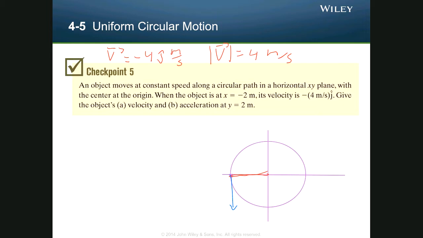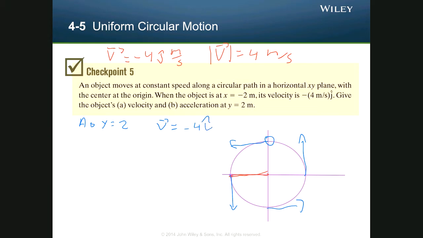But at y equals positive 2, you can't just transport the arrow. If you go around, you'll notice at each point the velocity changes. We're just following around in a circular arc. And this is the point we're interested in, y equals 2. At y equals 2, we can see that the velocity is going to be equal to minus 4 i hat.